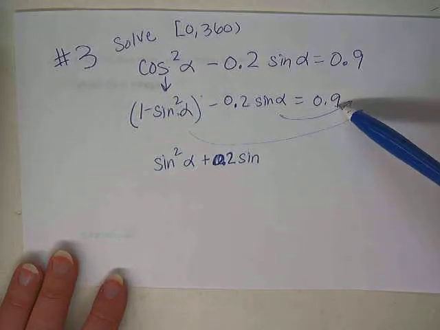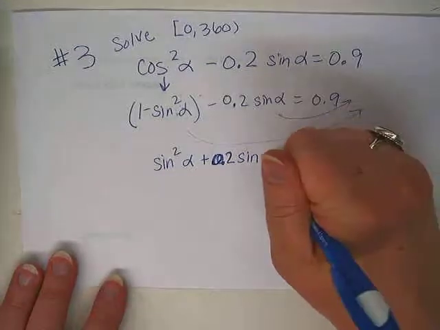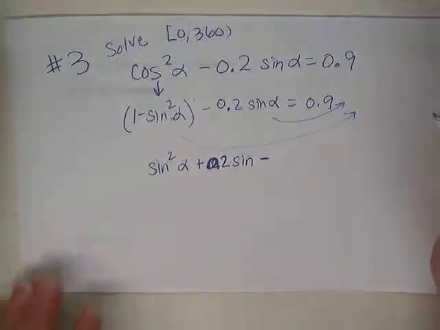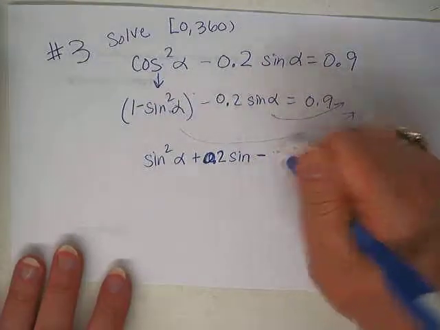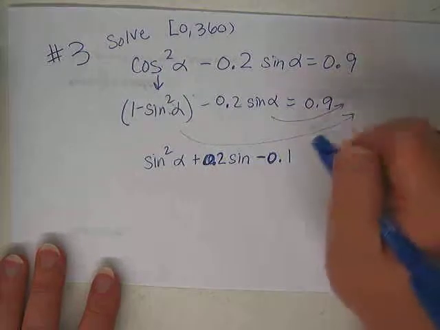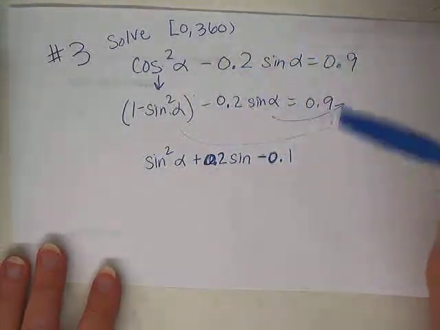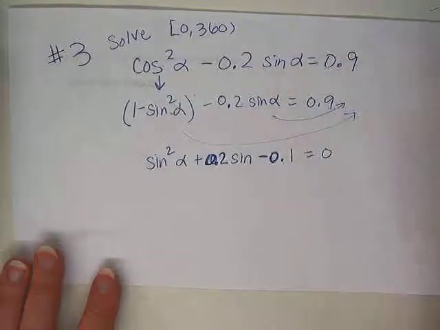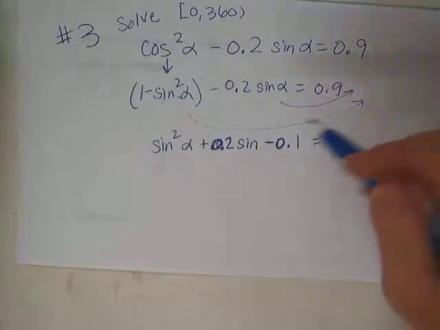This is a positive 1, so should I subtract the 1? Yes. So I have 0.9 minus 1. What will it be? Negative 0.1. And now since I moved all that stuff over, there's nothing left. So that means that that would be equal to 0, right?